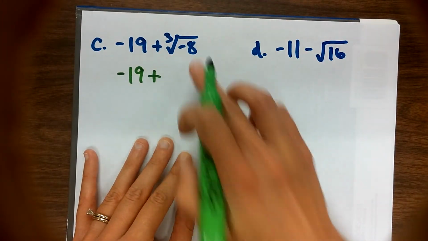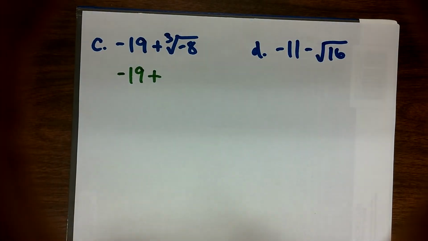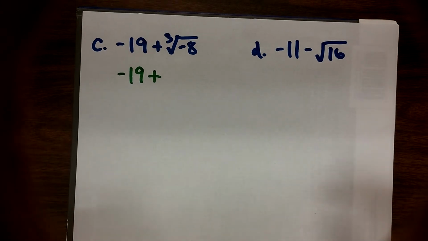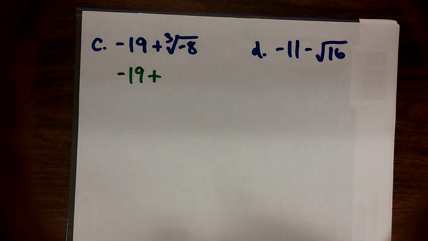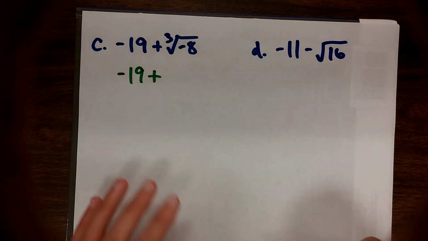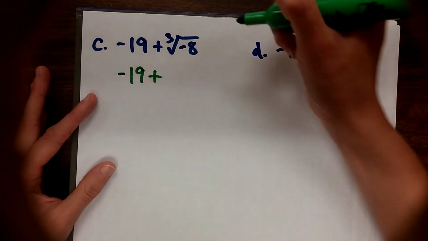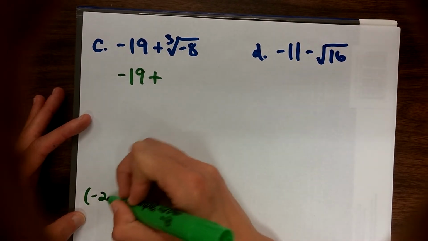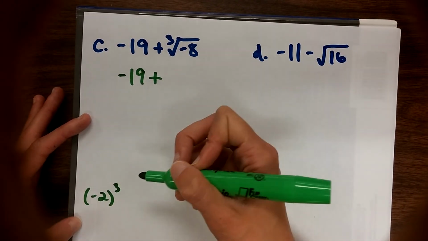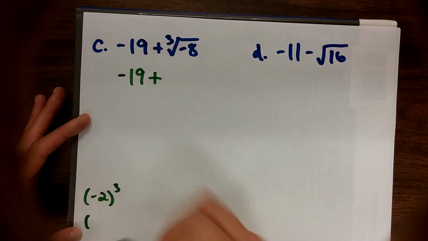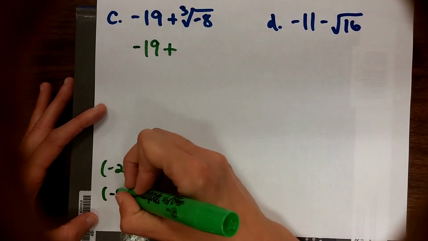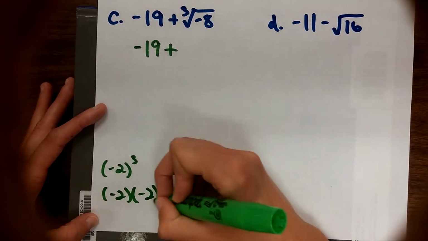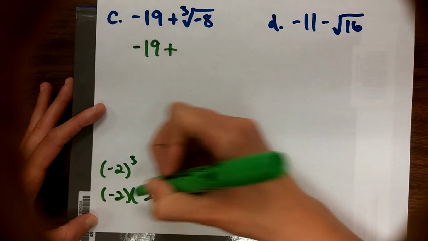So the cube root of negative 8, that would be a number that we can raise to the third power and get negative 8. So a number that we can multiply by itself 3 times and end up with negative 8. And there is a number that does that. I'll kind of show you down here. It's actually the number negative 2, because negative 2 to the third power would be negative 2 times negative 2 times negative 2.